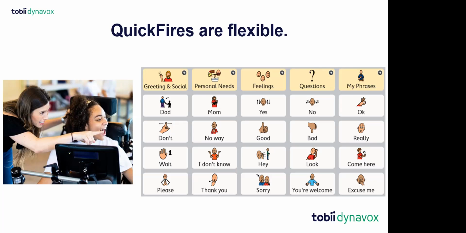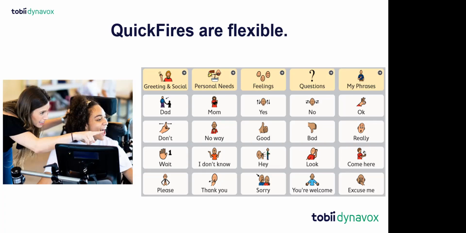So here you can see an example of that quickfires page. So it provides a way to gain attention. Okay, so if I wanted to say, look, or come here, I can also ask questions. I can make comments. I can request with some of those personal needs.